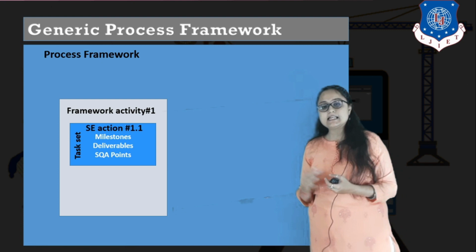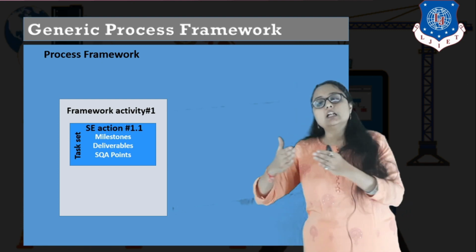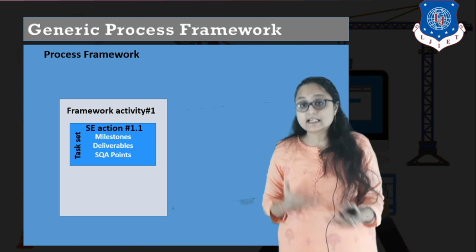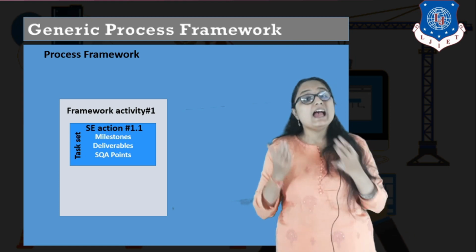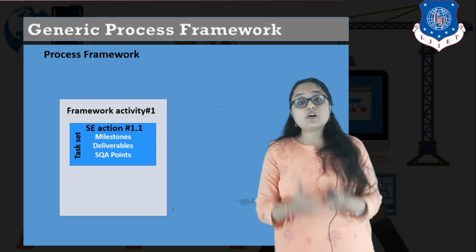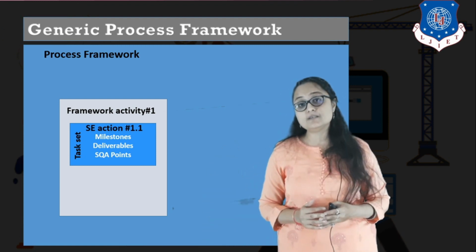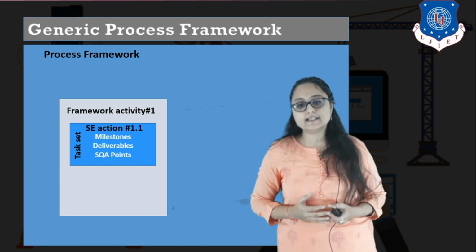So a task set consists of all the tasks which ultimately lead you to the milestone. It has some work product that can be delivered to the customer or any other stakeholder. Also it has software quality assurance points, in which the quality assurance teams ensure that whatever task we are performing is a quality task, right?